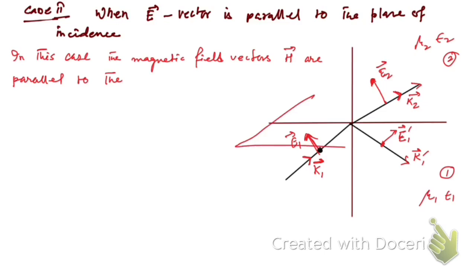Boundary surface means this one, and the plane of incidence is perpendicular to the boundary surface. So parallel to the boundary surface.